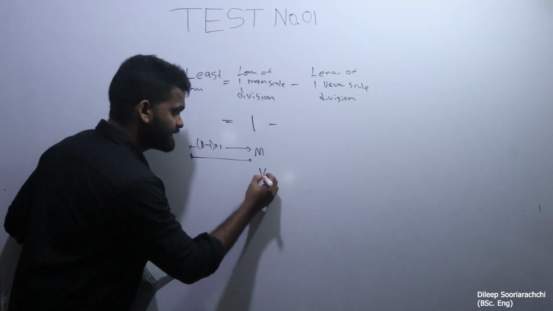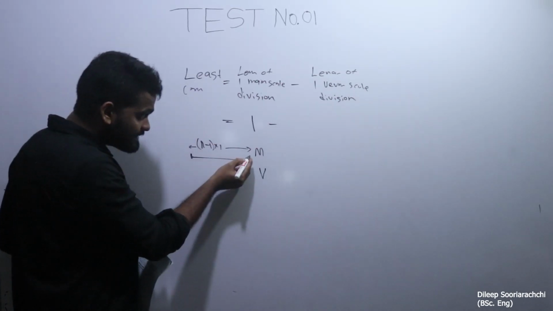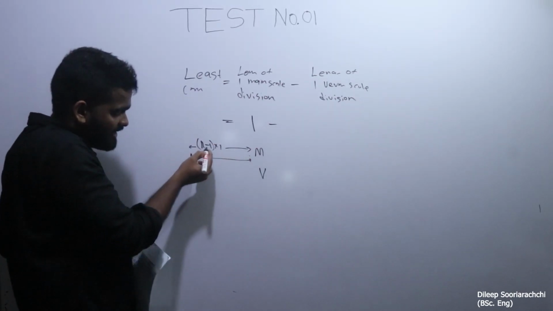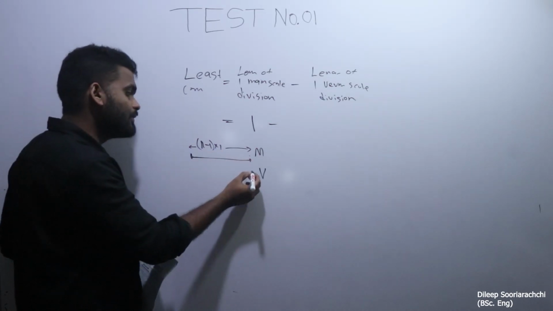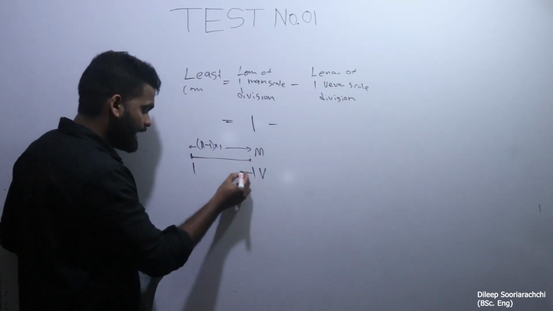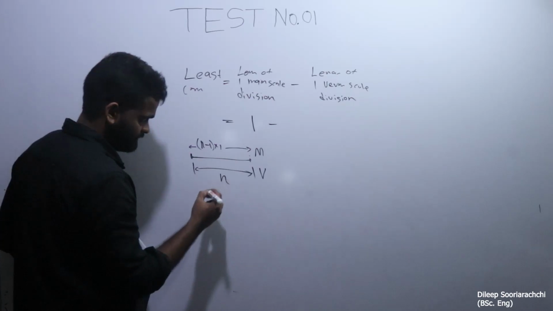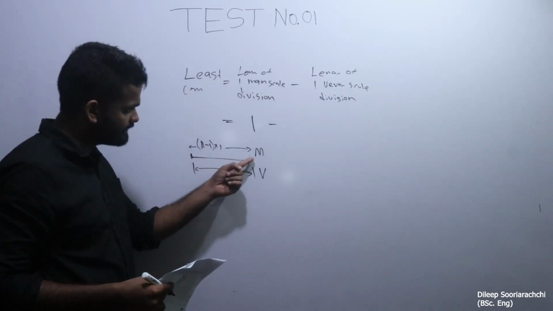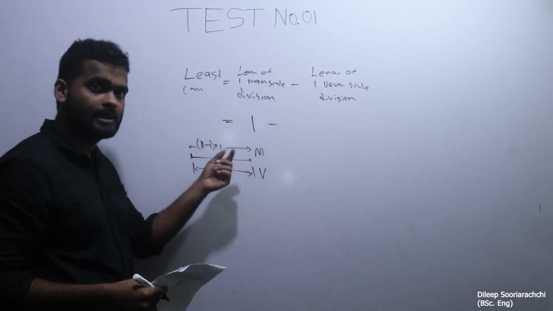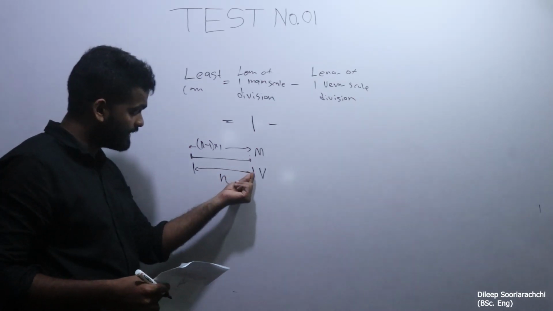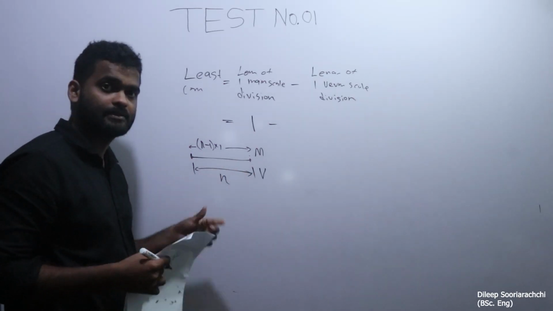For the Vernier scale, that length, n minus 1 times 1, is divided into n parts. So this whole length is n minus 1 times 1. It is divided n times in the Vernier scale.